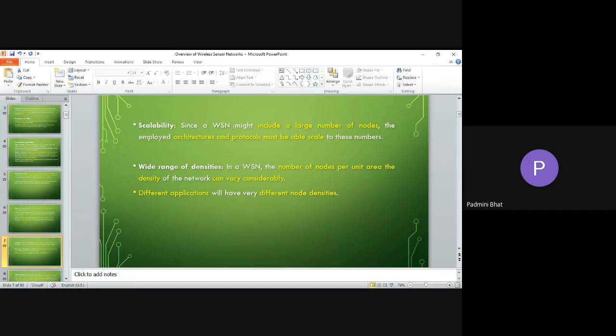What do you mean by scaling it down? By eliminating one node, your functions in the network should not alter. That is scaling. Suppose 10 nodes are there in the network, with 10 different functions or operations to execute.